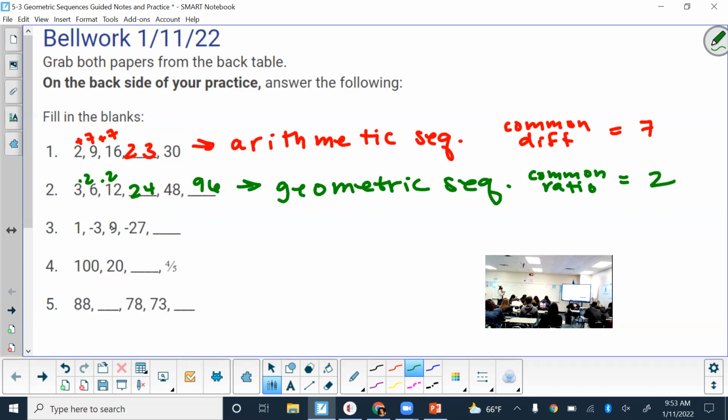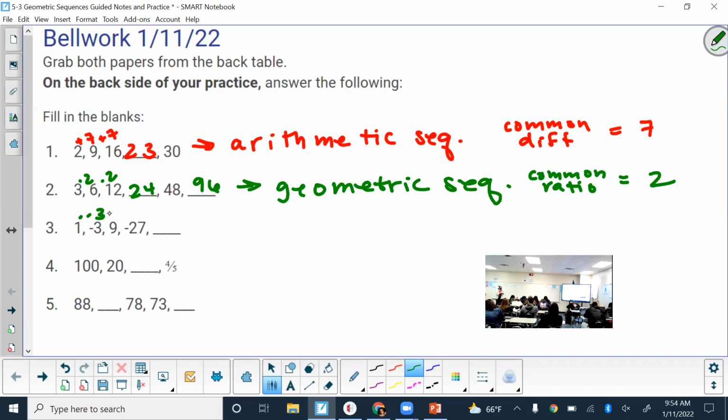So what are we doing? Multiplying by -3. And how do you know it's negative? Because the signs are alternating. We go positive, negative, positive, negative. So we are multiplying by -3.